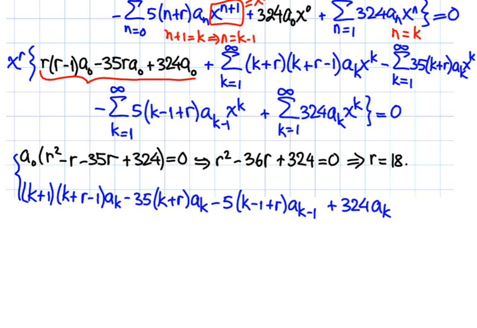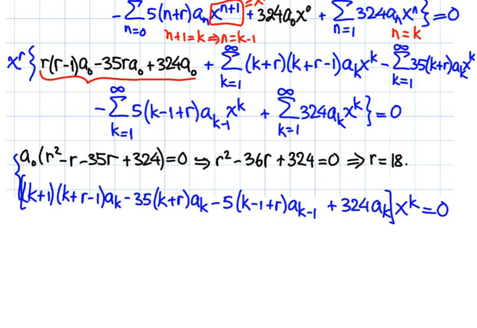And that coefficient has to be equal to 0. So pretty much we have this, multiply x to the k, when we combine the series, and all of this has to be equal to 0, so the inside, the bracket, has to be equal to 0.